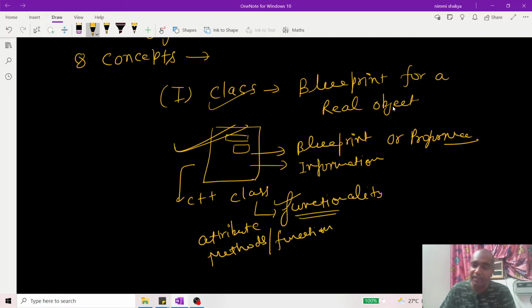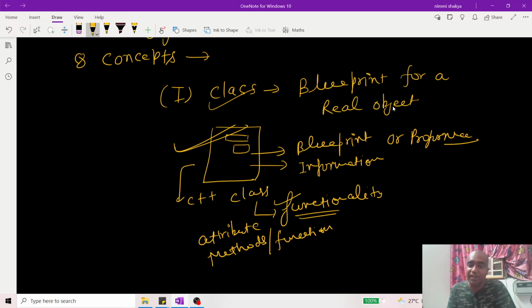When we declare a class, or create a blueprint for the objects in C++ or any other language, it contains not only the attributes but also the methods.